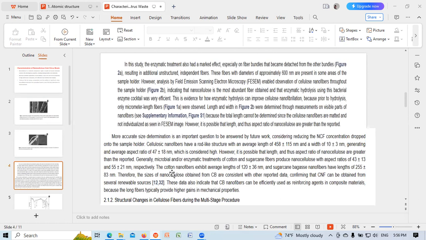In this study, the enzymatic treatment also had a marked effect, especially on fiber bundles that became detached from the other bundles, resulting in unstructured independent fibers. These fibers with a diameter of approximately 600 nanometers are present in some areas of the sample.